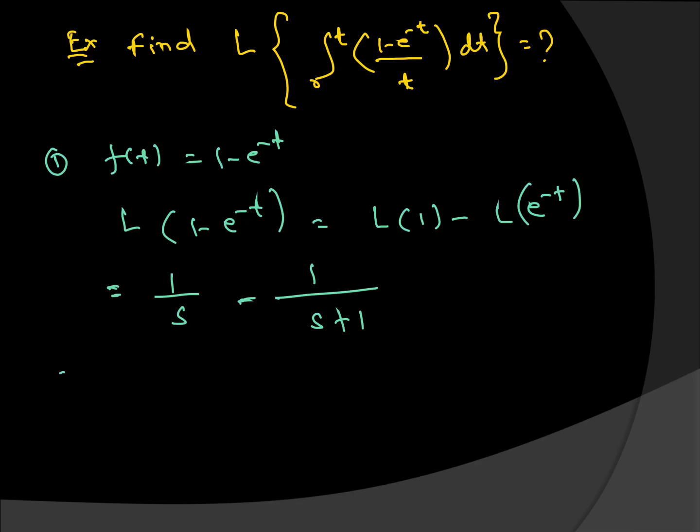Then in second step, we will divide t, Laplace of f of t divided by t. In second video already I discussed this one. If it is division means you have to do the integration. So it's s to infinity f of s.